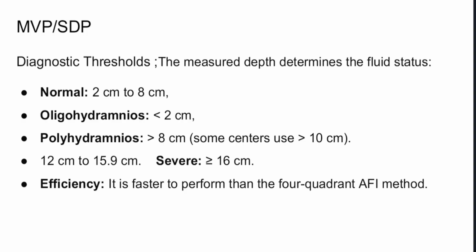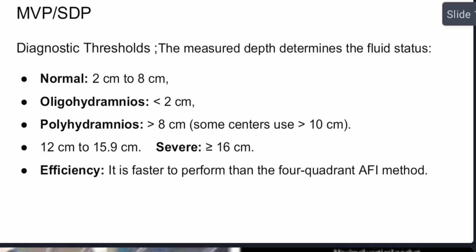However, if your measurement falls below 2 cm, oligohydramnios is considered to be the situation. If the measurement is above 8 cm, then you have a case of polyhydramnios on your hands. Some centers take their normal to be 2 to 10 cm.